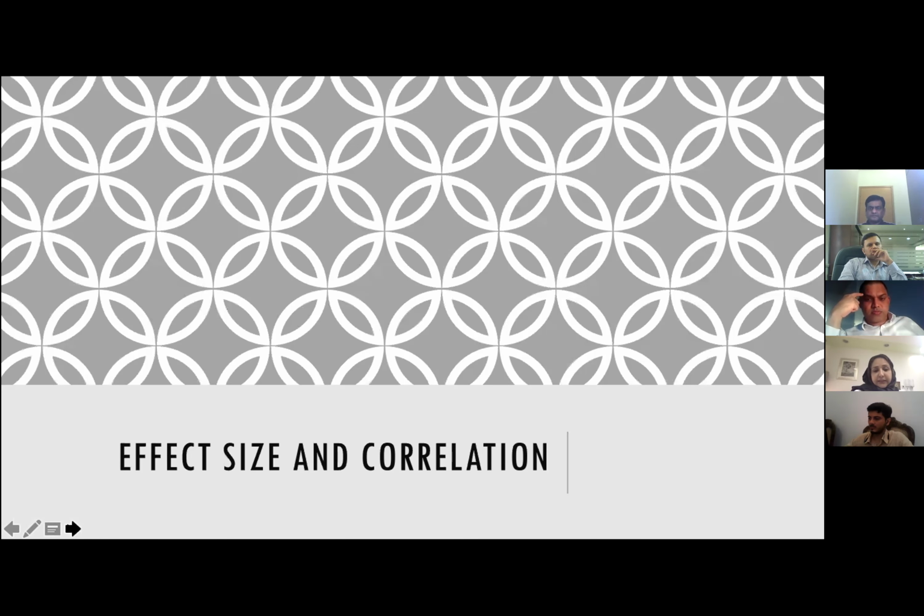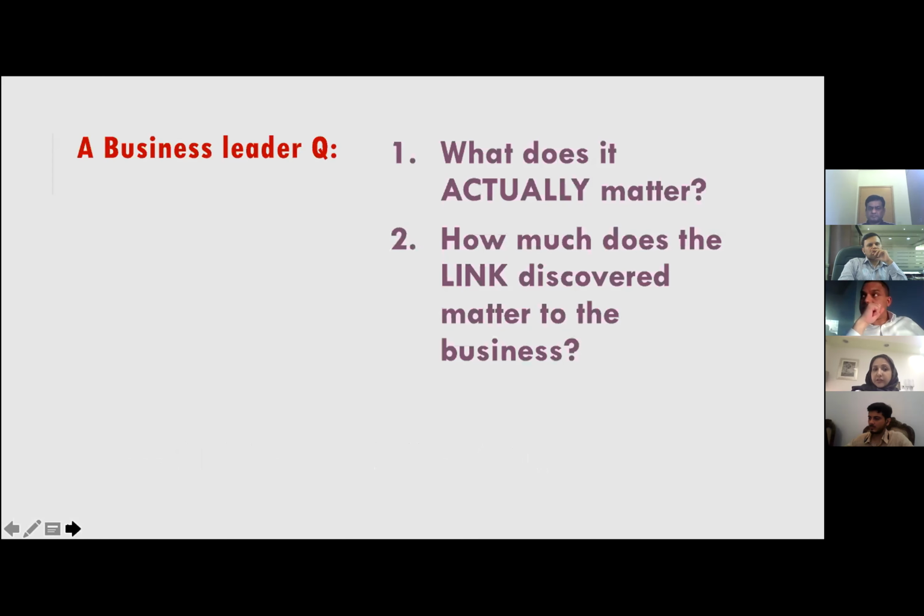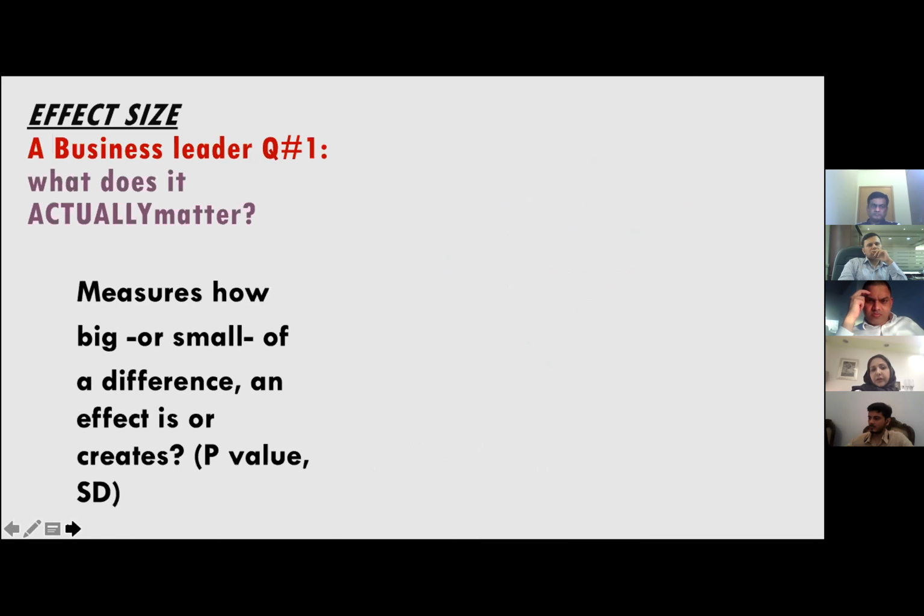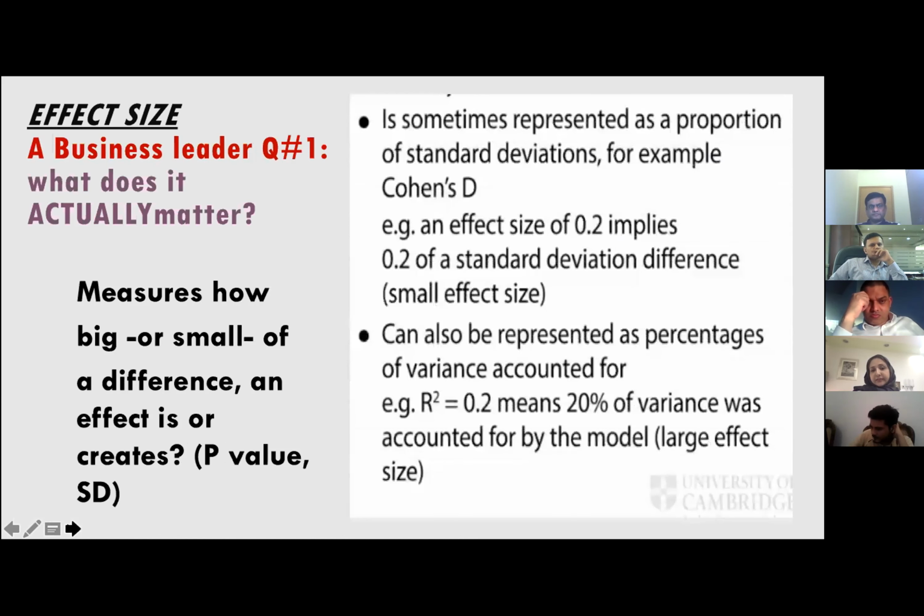Last but not least, the effect size and correlation. There are two main questions for business leaders. Does it actually matter? And how much does the link discovered matter to the business? Regarding the first question, it's about measuring how big or small a difference an effect creates, related to the p-value and standard deviation.